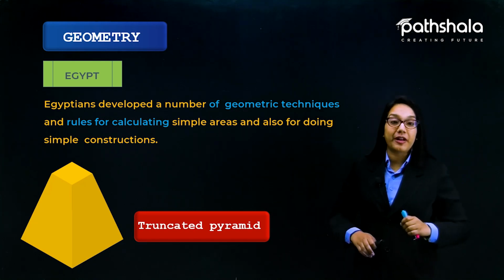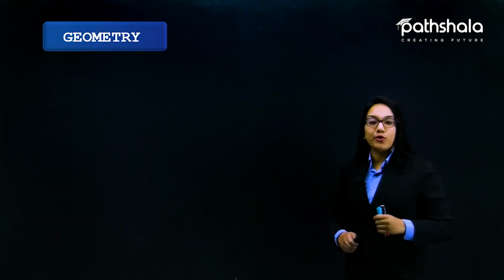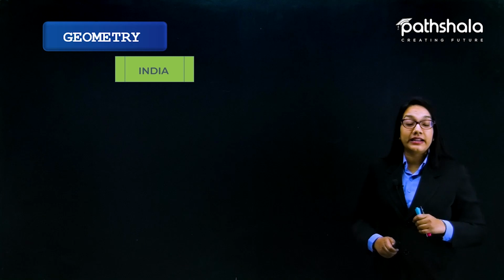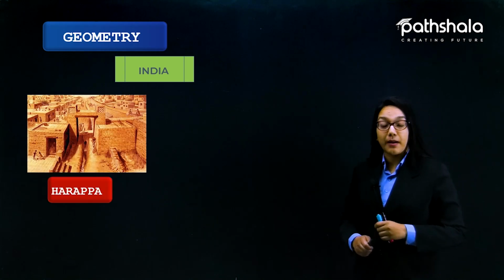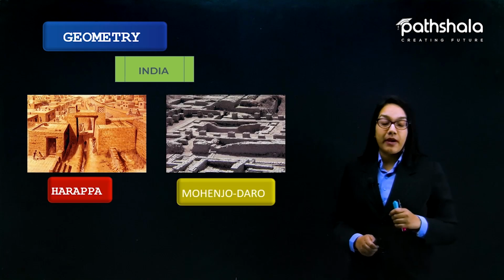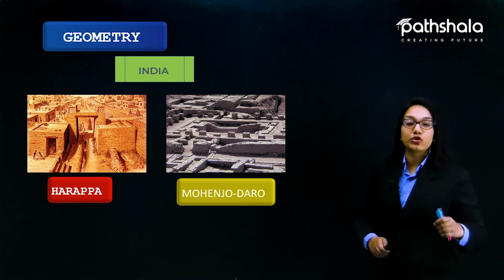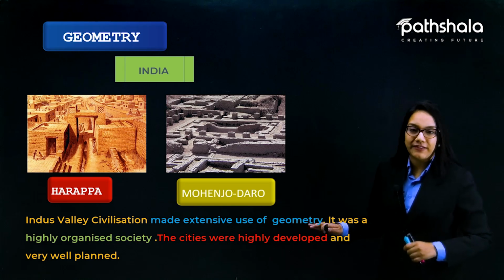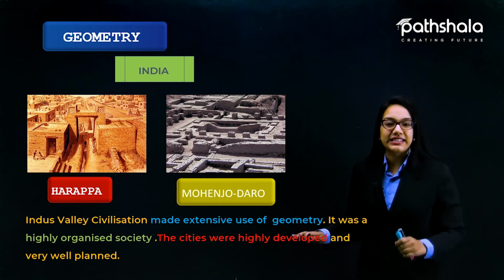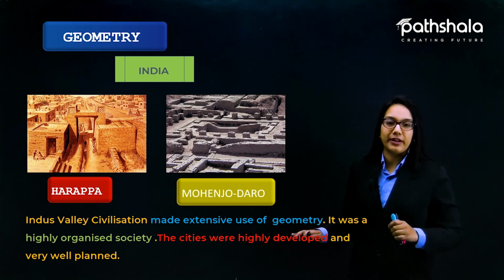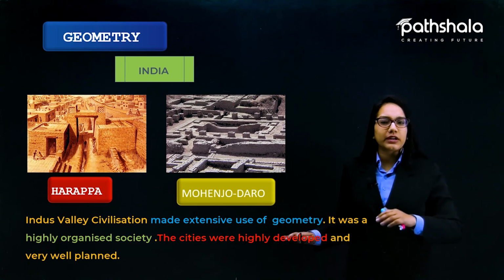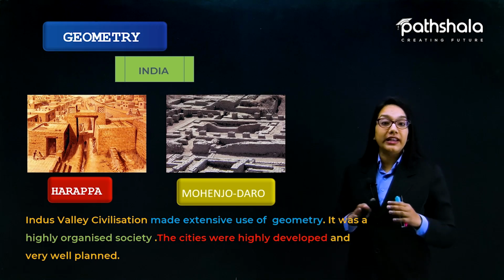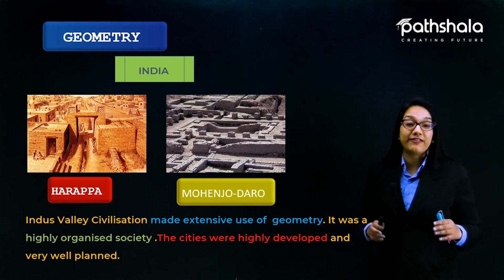Further, in the Indian subcontinent, excavations at Harappa and Mohenjo-daro showed that the Indus Valley civilization made extensive use of geometry, because it was a highly organized society and the cities were highly developed and very well planned.